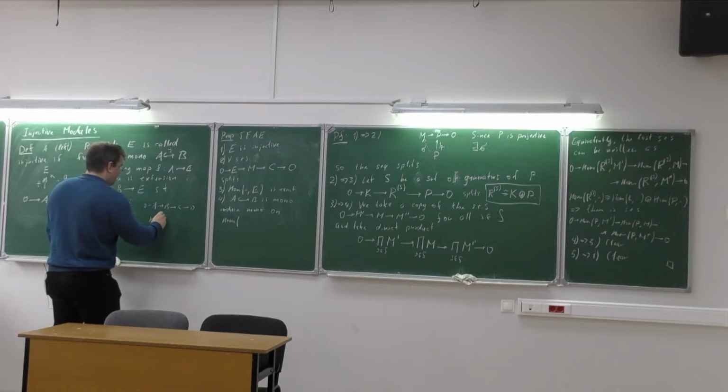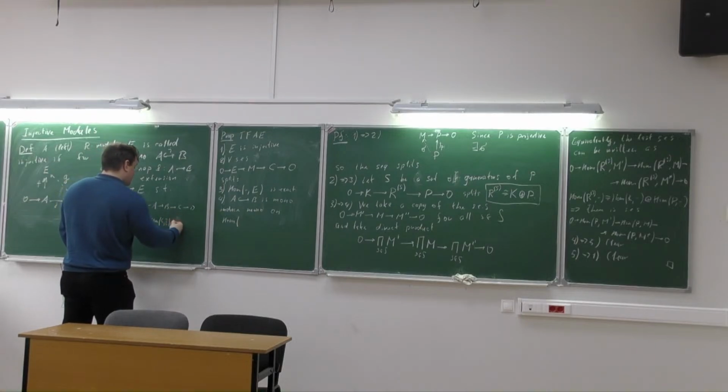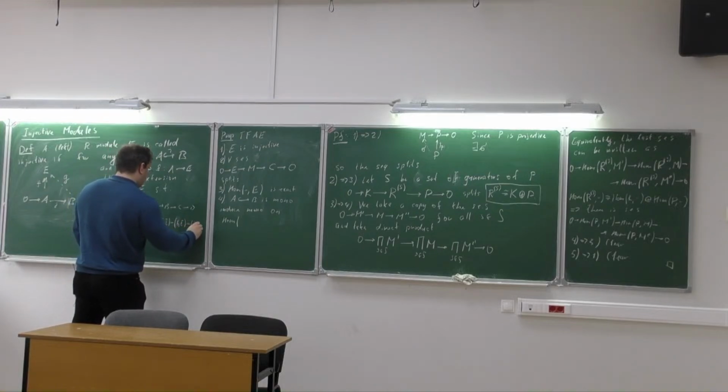So then I'll get Hom(C, E), Hom(B, E), Hom(A, E).